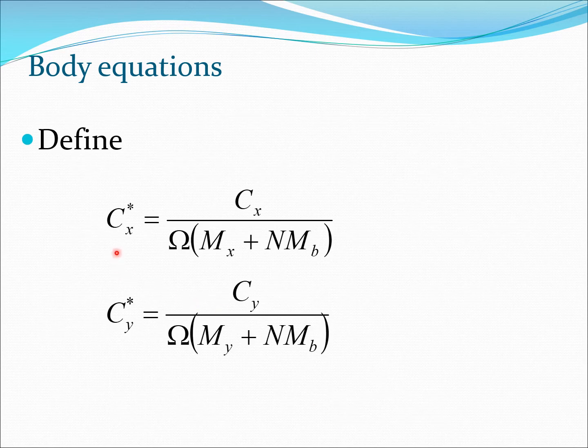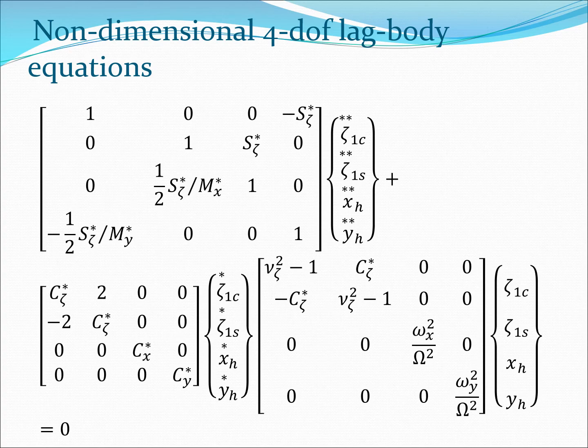So let's define Cx star in this manner, Cy star in this manner. All these definitions are just going to simplify our equation, and then we can write this 4DOF lag body equation system in this form.